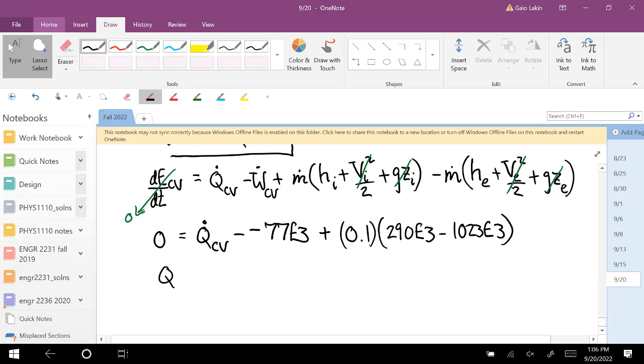And I think what you get here is Q dot for the control volume is negative 3,700 joules per second, or watts. Okay.